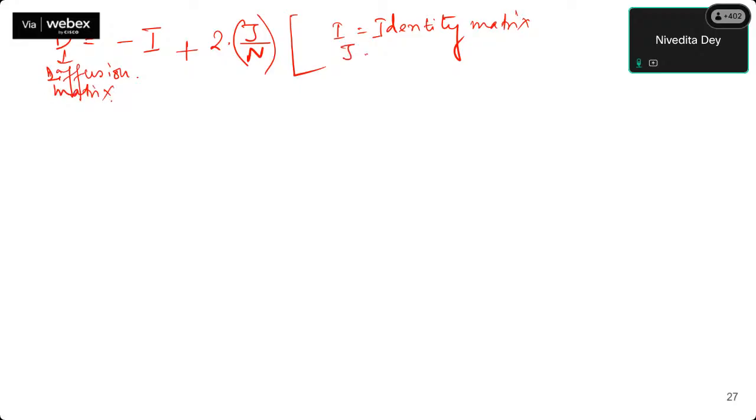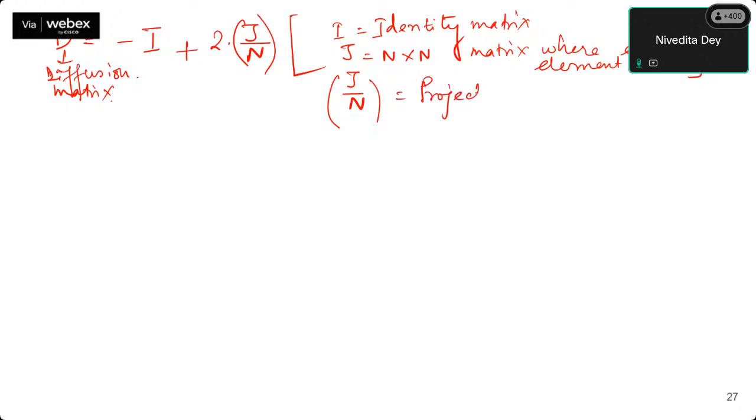And this J is an n cross n matrix where each element is 1. All 1, 1, 1, 1. For a 4 cross 4, it is all 1. Kind of that. And J by N, this thing together also significantly reflects the concept of projection operator. What is the meaning of projection operator? That is J by N whole square is equals to J by N.